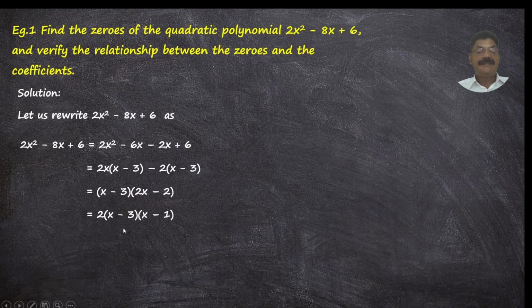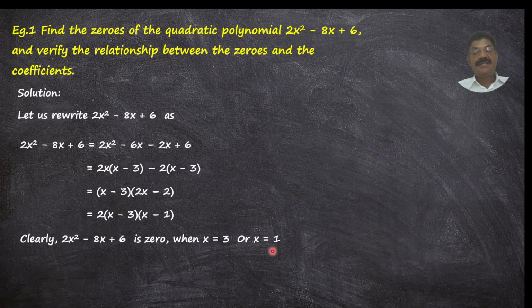You get 2 into x minus 3 into x minus 1. So, when x is equal to 3, this term becomes 0. When x is equal to 1, this term becomes 0. Therefore, for the polynomial 2x square minus 8x plus 6, x equal to 3 and x equal to 1 are the zeros.